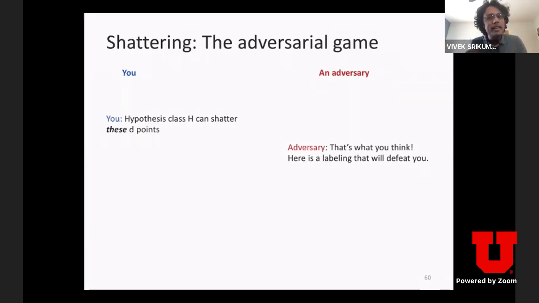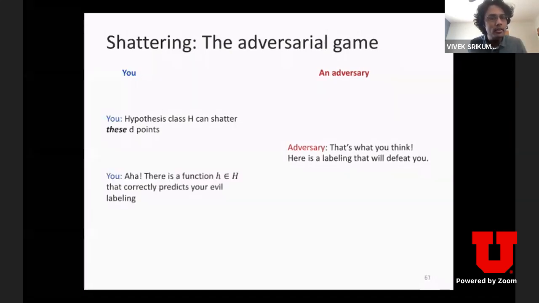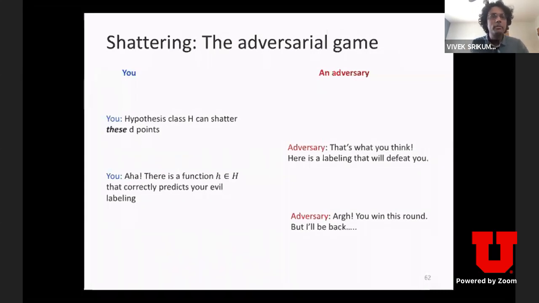When I say adversary, I mean essentially the worst case. It tries to find a labeling that defeats you. But if you can find a classifier that agrees with the labeling, then the adversary loses. If you cannot find a classifier that agrees with the labeling, that means your original statement was wrong. That means the hypothesis class cannot shatter this set.